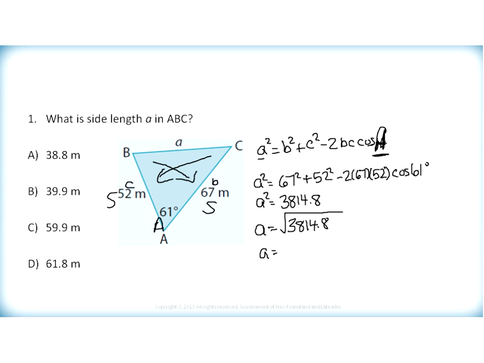It might be a regular button, or it might need a shift or a second function key first. 3,814.8 gives me an answer of, to the nearest tenth, 61.8 meters. So my options are either 38.8, 39.9, 59.9, or 61.8, and that's what I calculated. I calculated it to be 61.8. So that means that my answer is going to be D.